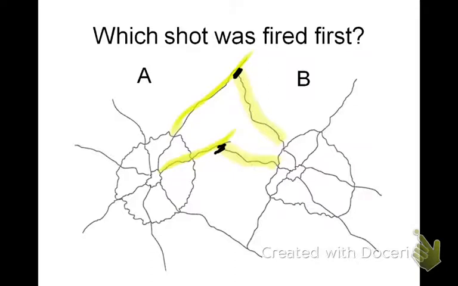It didn't shatter farther than that. So what we can infer here is that shot A was put into the glass first because its radial shatter lines extend out farther and actually stop the shatter lines from B.